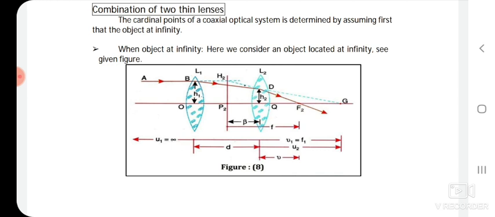The plane H2P2, which is normal to the principal axis, may be considered as the plane at which the refraction occurs, and this plane is called the principal plane.